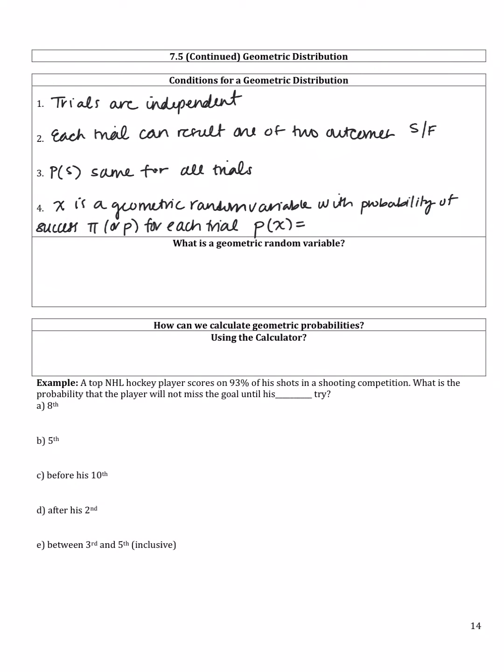P of x is equal to 1 minus pi to the x minus 1 times pi.